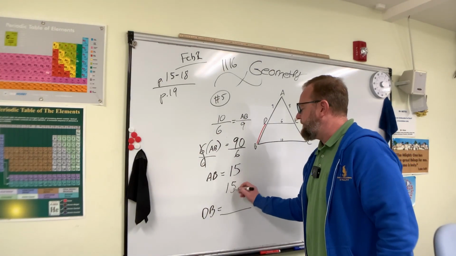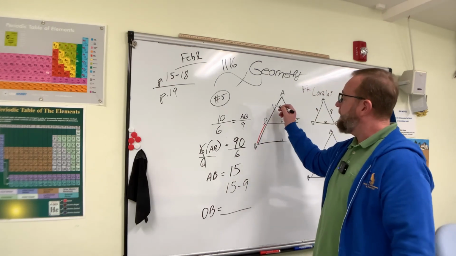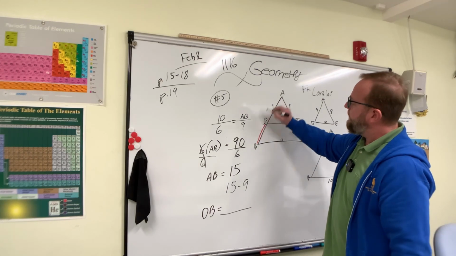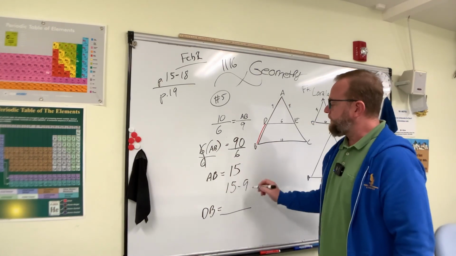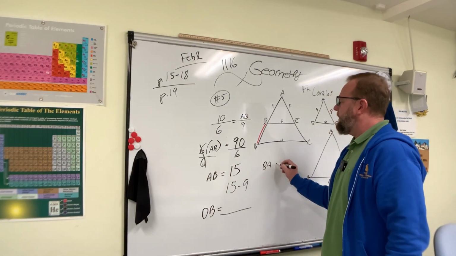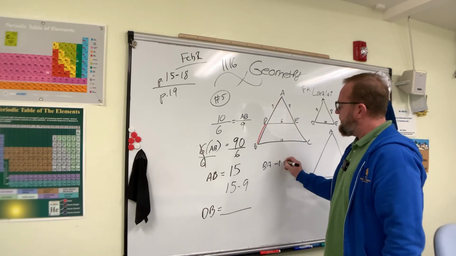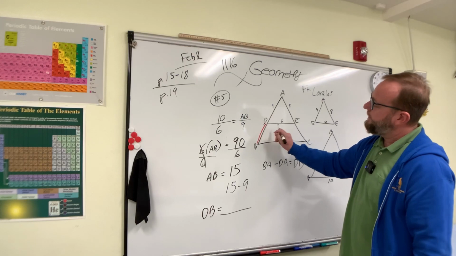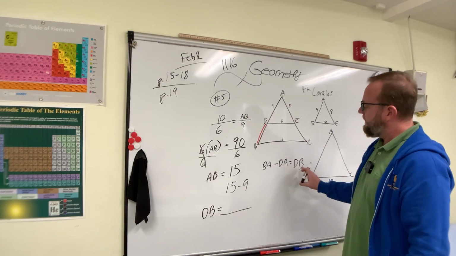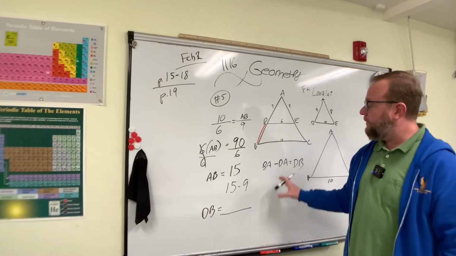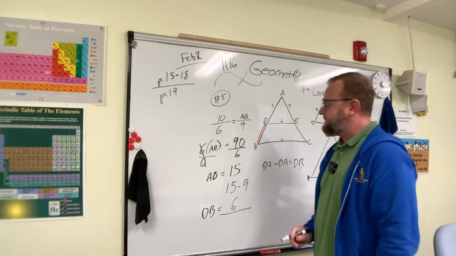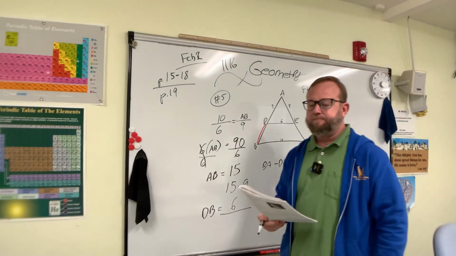The answer is 15 minus 9, because BA is what we found. So I need BA minus DA is going to give me DB. See that? Those two add up to that whole thing. And 15 minus 9, of course, is 6. So that's what goes in your blank.